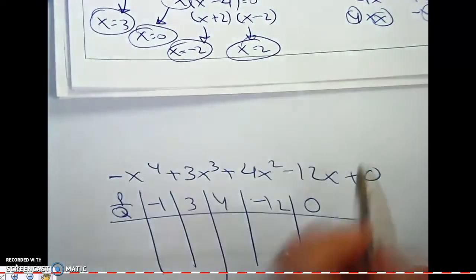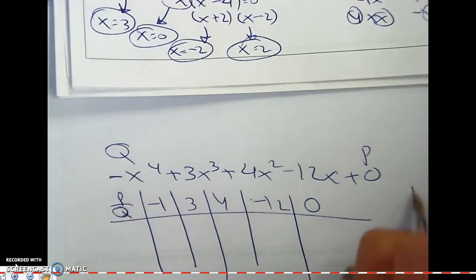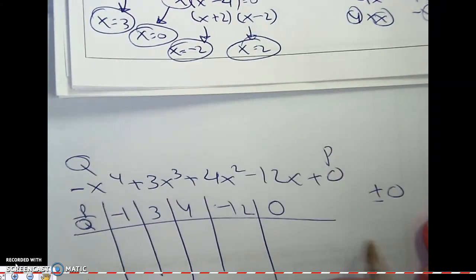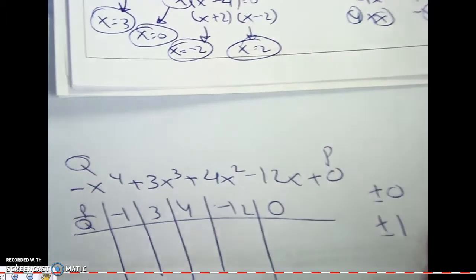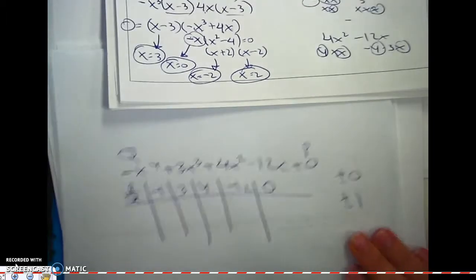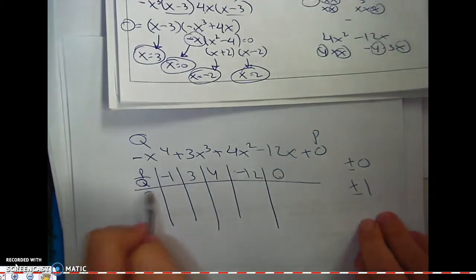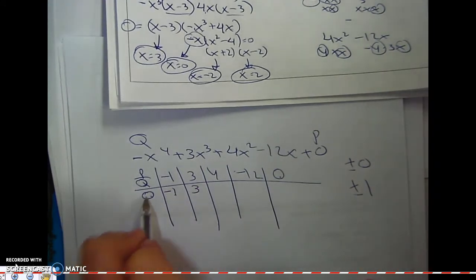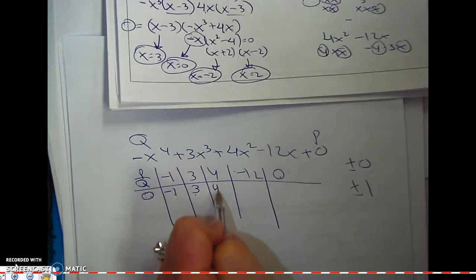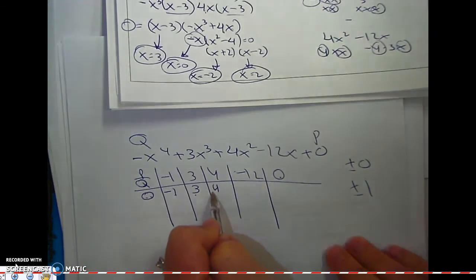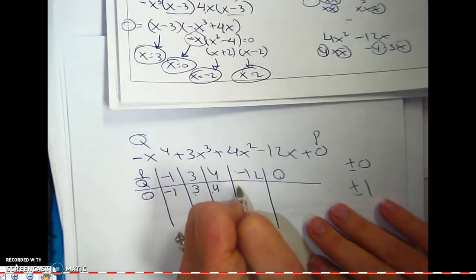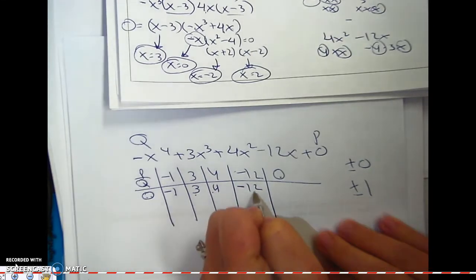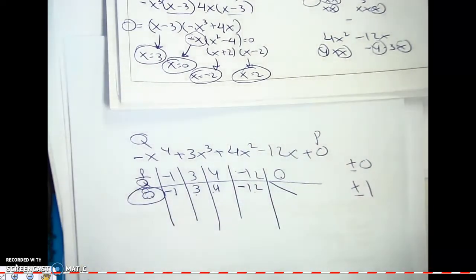Now remember, if this is your P and this is your Q, your only options are plus or minus 0 and plus or minus 1. Well, if you look at that, I'm going to try 0 because I know if there's a 0 at the end. Bring down the negative 1. 0 plus 3, 3. 0 times 3, 0 plus 4, 4. 0 times 4 is 0. Minus 12 is negative 12. 0 times negative 12, boom, that's one of my factors.